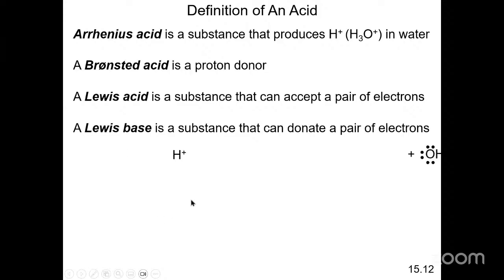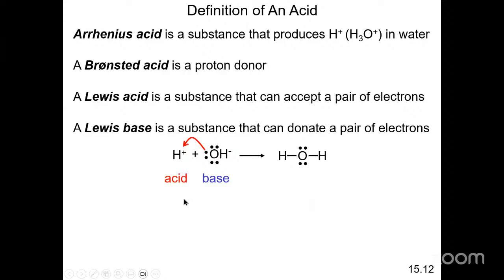So just to give you an example of H plus combining with OH minus. Basically, you're going to have the donation of an electron pair from the hydroxide to the H plus, and that forms a bond between the H and the oxygen, and that gives you, of course, water. So therefore, according to the Lewis definition, the H plus, because it accepts electron pairs, is considered to be an acid, and the hydroxide, because it donates an electron pair, is considered to be a base, right?